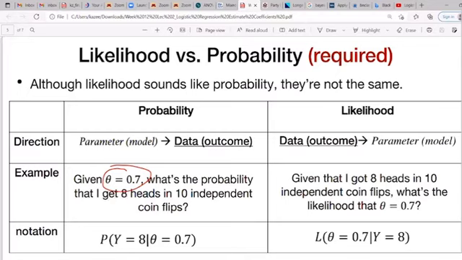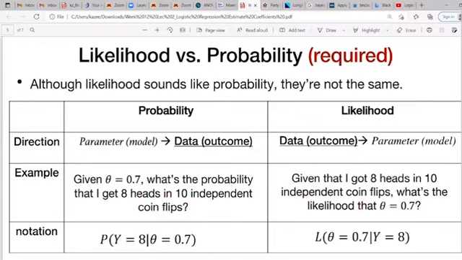When you flip a coin a good number of times, you realize 70% of the time heads will show up. Now, knowing that, you want to figure out the probability that you get 8 heads in 10 independent coin flips. That is, if I flip a coin 10 times, what is the probability that I'm going to see 8 heads? In that situation, you are finding probability.